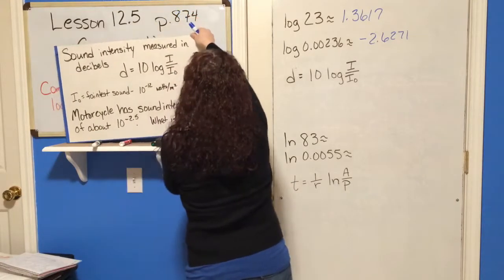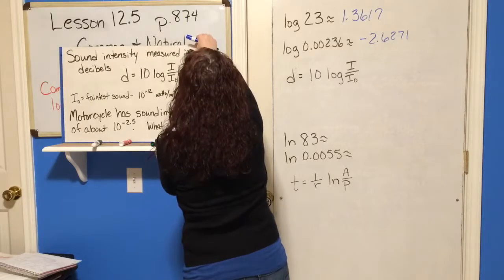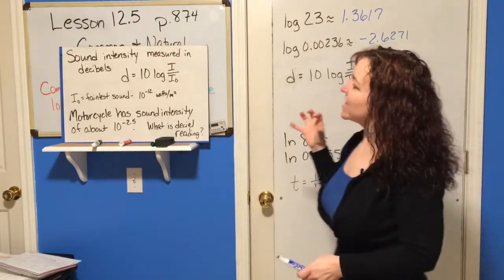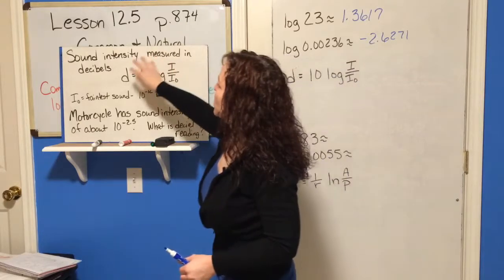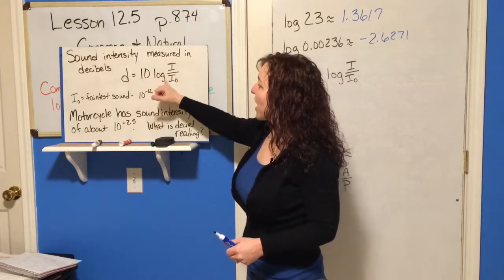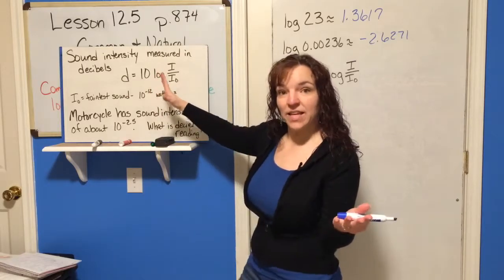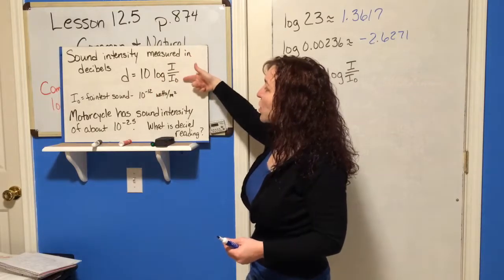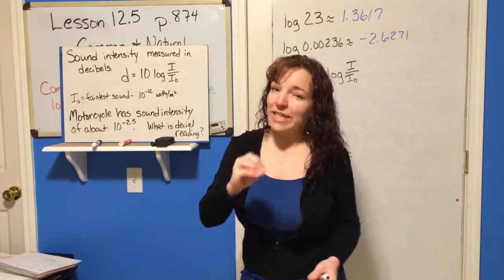This information is handy specifically for finding sound intensity levels. Sound intensity is measured in decibels, and we use this formula. The decibels equals 10 times the log, and this is log base 10 because there isn't a base listed, of intensity over the initial intensity.